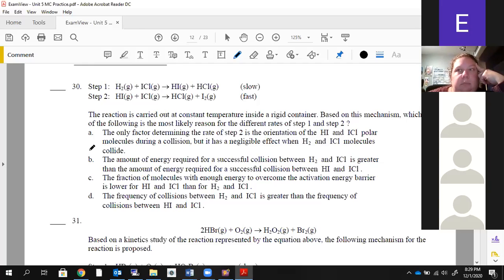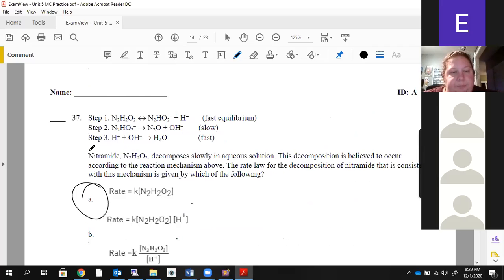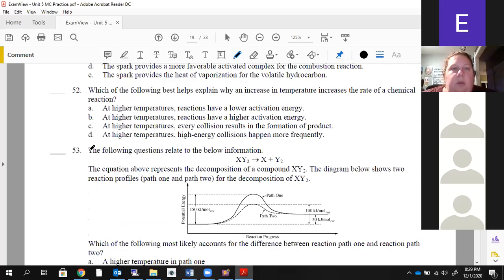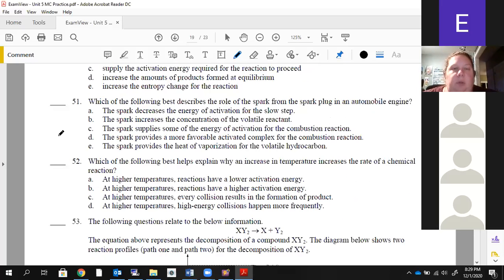Could you please do 51? 51. Oops. Overshot. All right. What is the role? Oh, spark plugs. Okay. This is a very specific question. The spark plug in your car acts as a catalyst, basically.